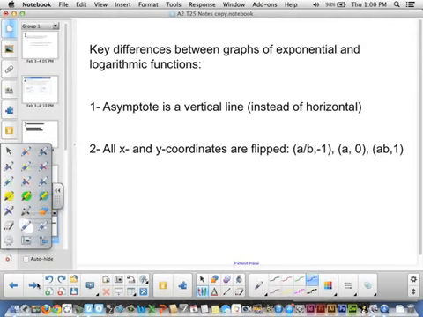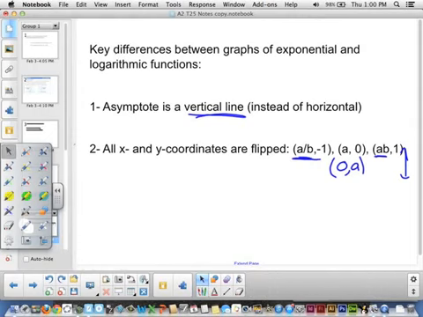Asymptotes are vertical instead of horizontal, and the x and y coordinates are flipped. That's by the definition of inverse. So instead of starting at 0 and then a, you're going to start at a and then 0. And then to go up and down on the y's, you'll multiply by the base of your log to go up, and you'll divide by the base of your log to go down.